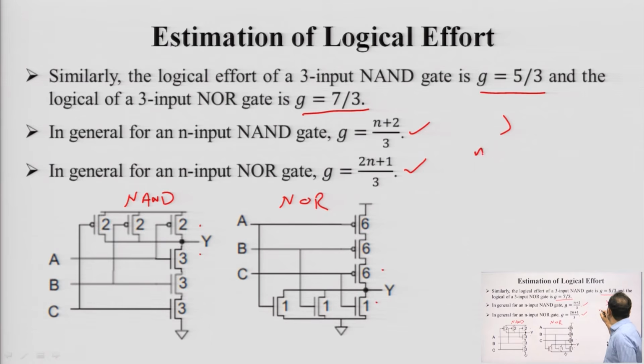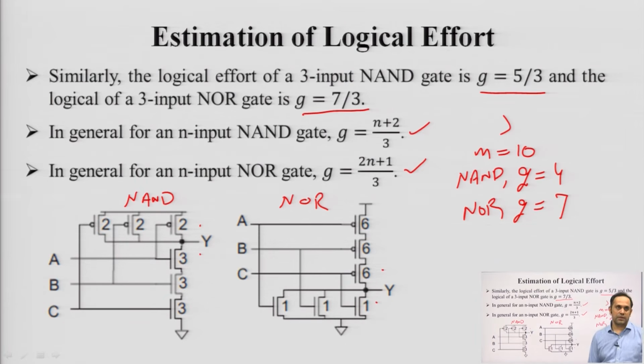In that case, for a NAND gate your logical effort is going to be (10 plus 2) by 3, which is 4, and for a NOR gate it is going to be 7. This is only for a 10 input gate, which is fairly easy to find, and 10 inputs is not a very large number for a dense complex VLSI circuit. So this is the concept of logical effort.